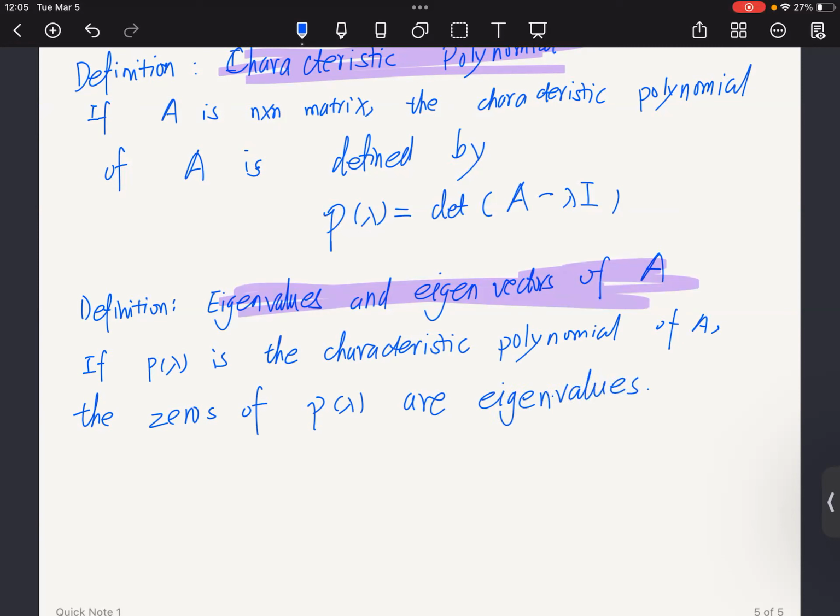So this is the definition of eigenvalues: the zeros of the characteristic polynomial of A.